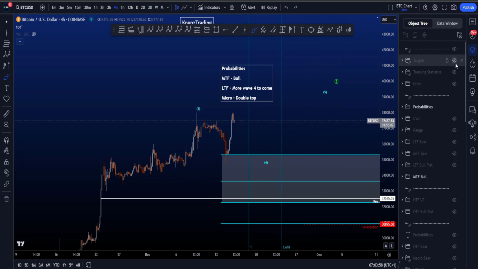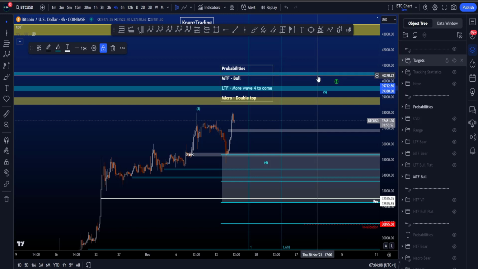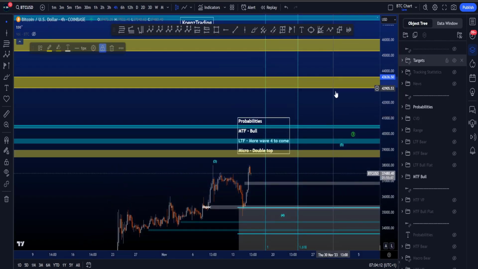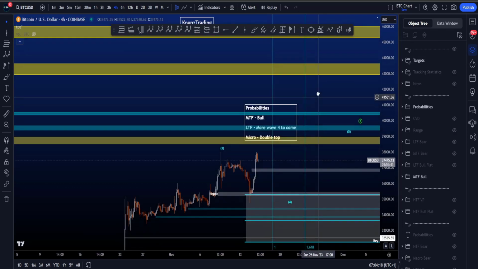So more upside expected, where the golden target box is important resistance here, 38.5, 38.9, 39k. Then above we have this blue box, 39.3, 39.7, another one 43 to 40.5k, and then finally two golden ones here, 42.9 to 43.6, and then over here 45.2 to 46k.